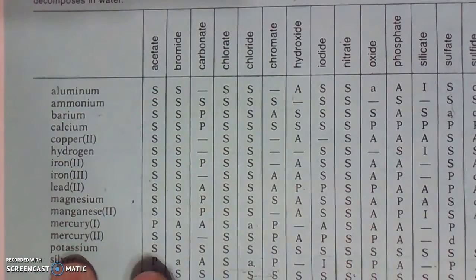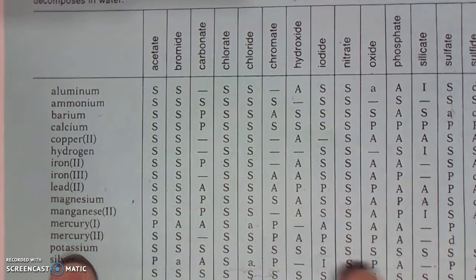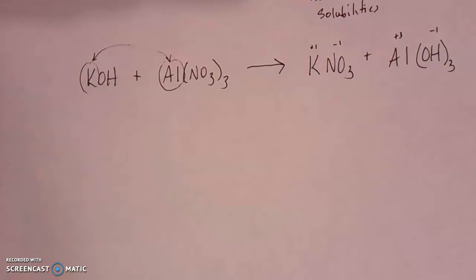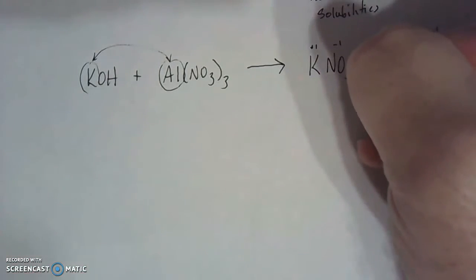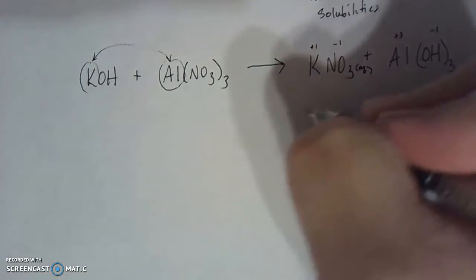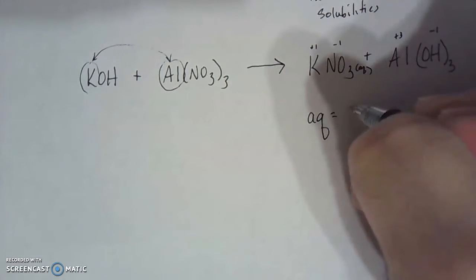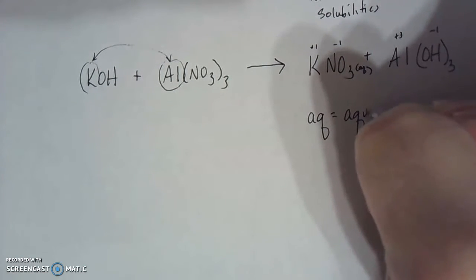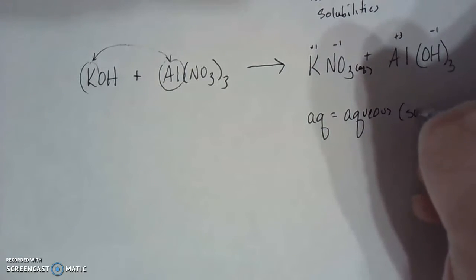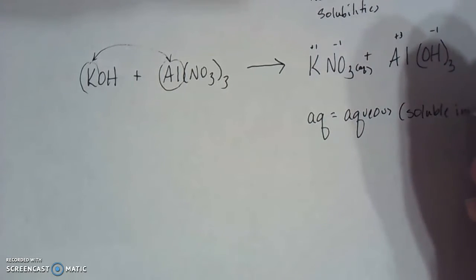So if we go to our table of solubilities and look at potassium, we can see any potassium compound is soluble. So we're going to put a little AQ after that one to mean soluble. So AQ means aqueous or soluble in water.